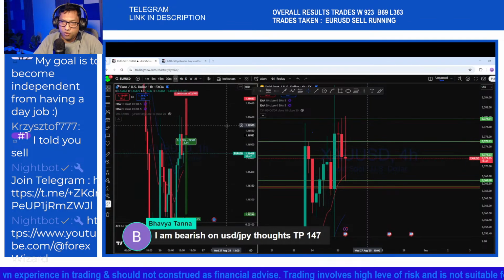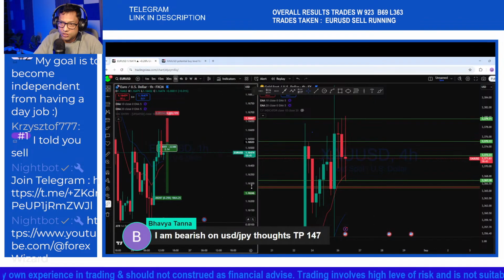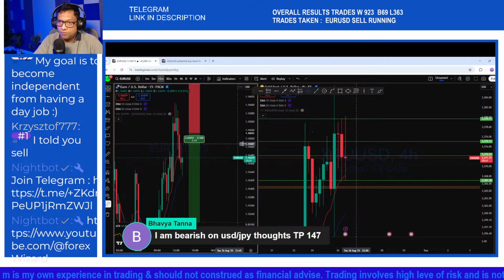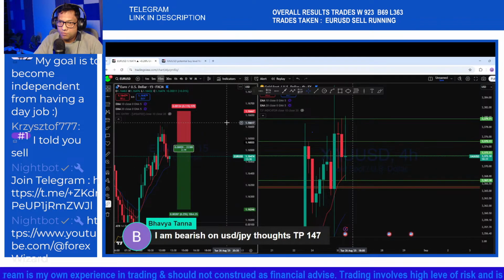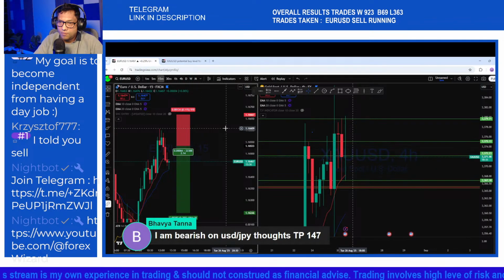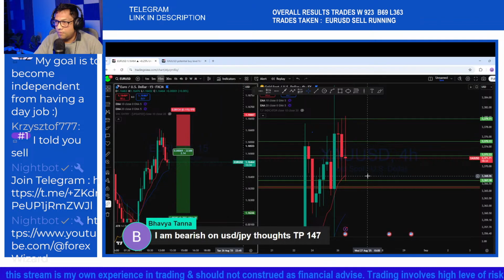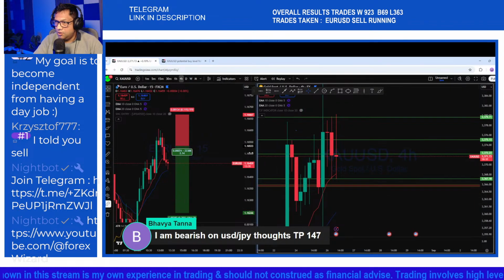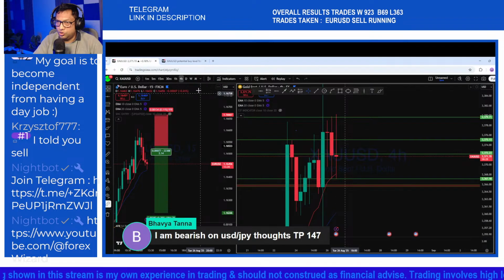Still a probability for Euro Dollar to push back down to the daily low, while gold is showing a possible drop back below to this level here.